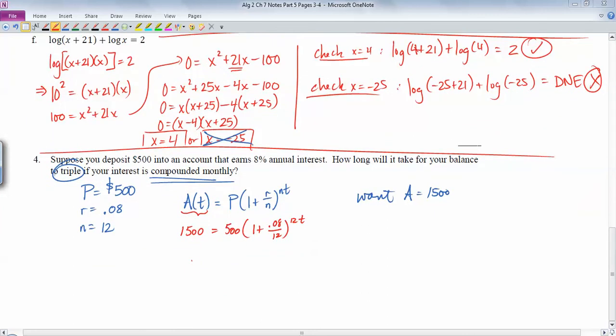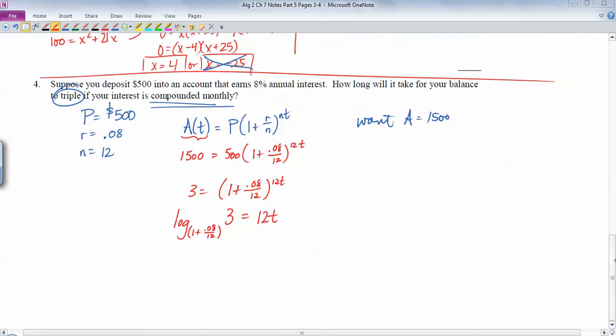So if I divide both sides by 500, I get 3 equals 1 plus 0.08 over 12 to the 12t. And then we could simplify that parentheses, or since we're going to be doing this on the calculator anyway, let's just do log base, and this is a terrible looking base, but the calculator is not going to care how ugly it is, of 3 equals 12t.